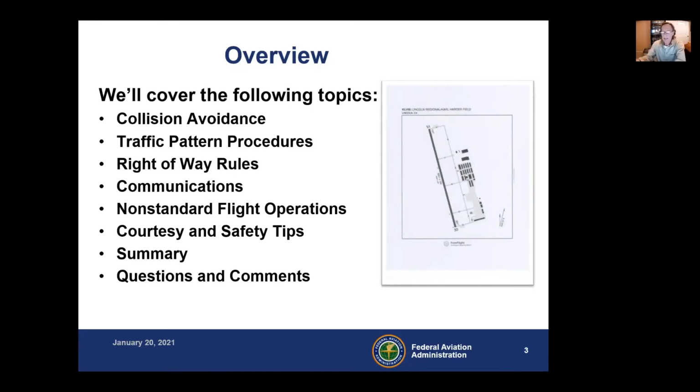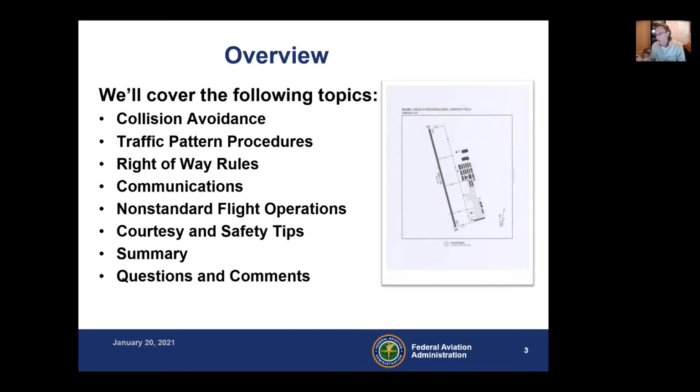Real quick, I got listed in here, there should be right-of-way rules, FARs. Anytime you're operating airplanes, especially when you're talking to FAA, we're going to bring up some FARs. So keep in mind, regulations and procedures cannot cover every conceivable situation. The FAA has wisely avoided imposing rigid operating regulations at non-towered airports.